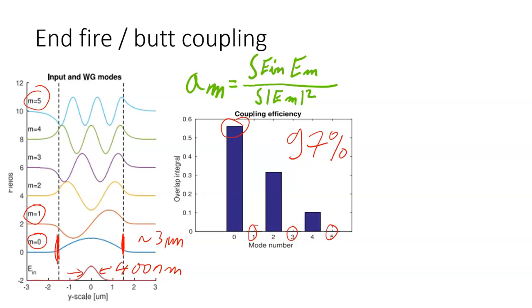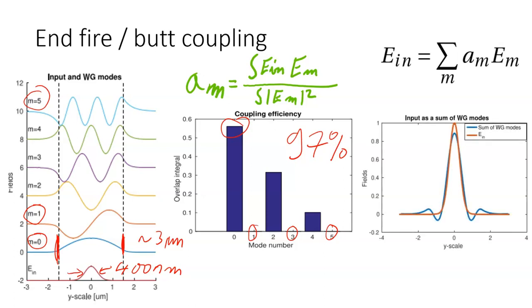We can now also check how well the incident field is constructed using the modes m equals to 0, 2, and 4. The match is pretty good, yet not perfect, and we should use more modes to get a better match.